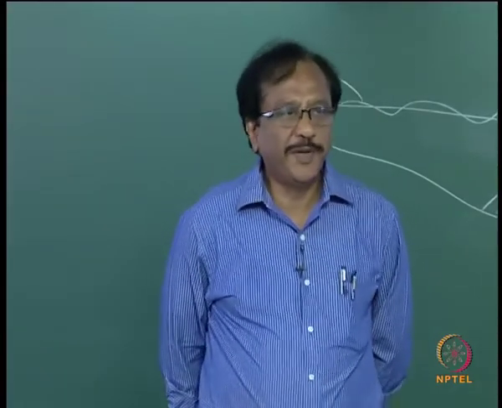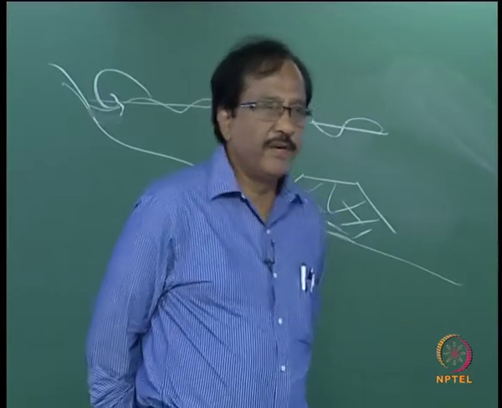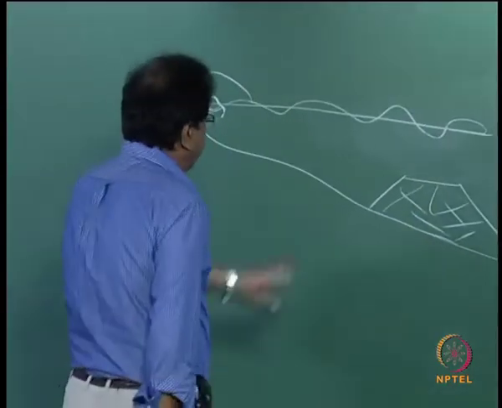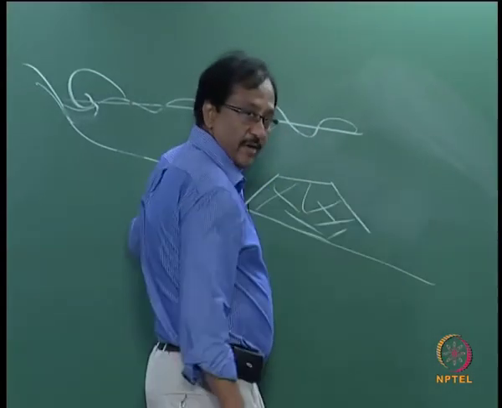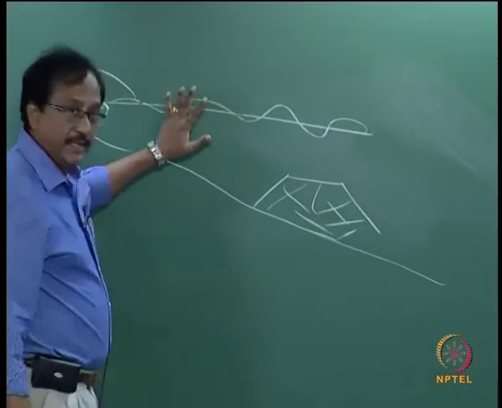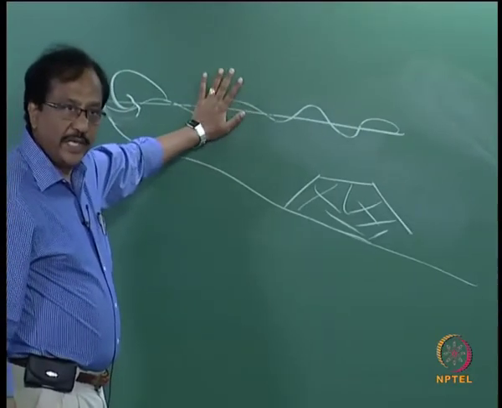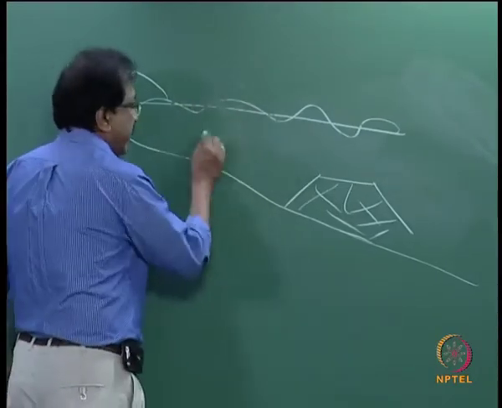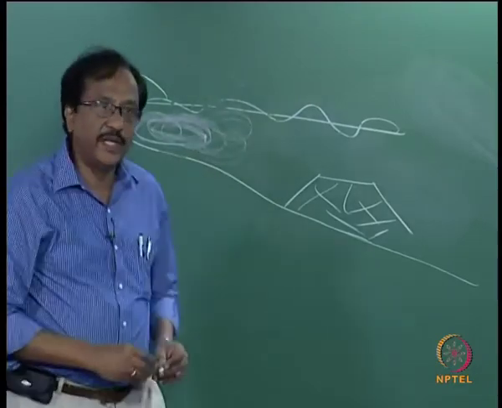If energy dissipates, what happens to sediments? Sediment will deposit where? Will it deposit somewhere here or here? It will be depositing here, because here is the location where the waves are attenuated and the energy is dissipated, so the energy is less here, and you can have the sand being deposited here.